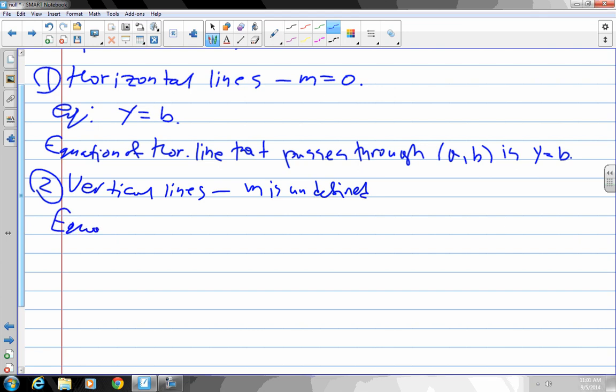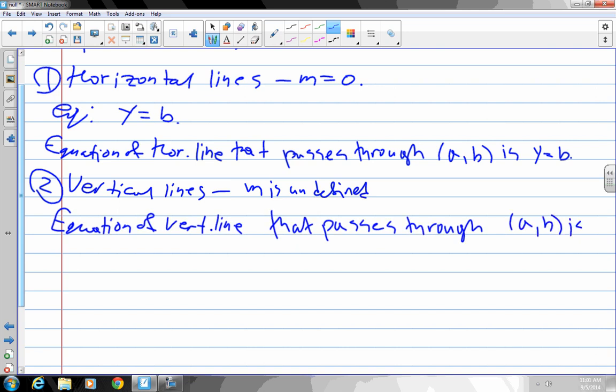So the equation of a vertical line that passes through a point (a, b) is just x equals whatever the x is. So x equals a. So those are just two special cases.